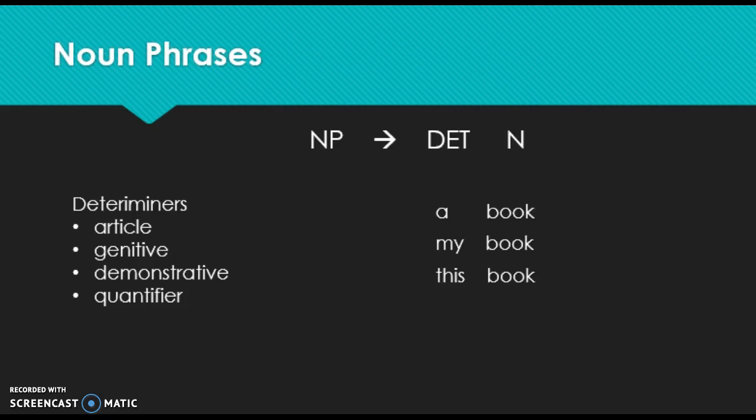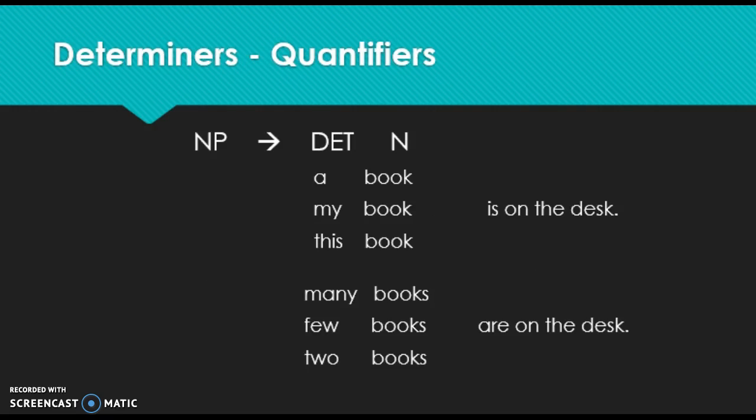We have this pattern that a noun phrase can be made up of a determiner and a noun, and we have these examples, but we also have a fourth subtype of determiner called quantifiers. Quantifiers are words that refer to a quantity, like many, few, two.